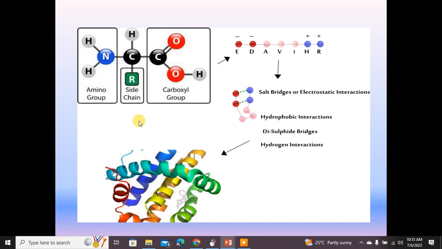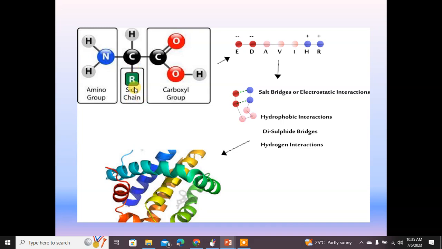Collectively, protein folding takes place because of four main factors. One is the hydrophobicity and hydrophilicity of the R group, and the second is the charge contained by the R group.